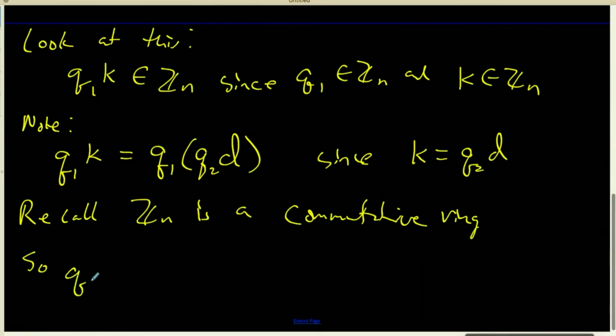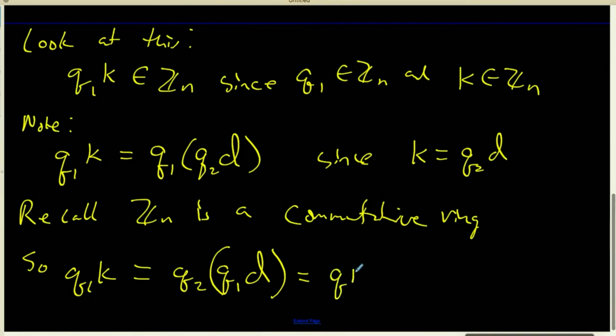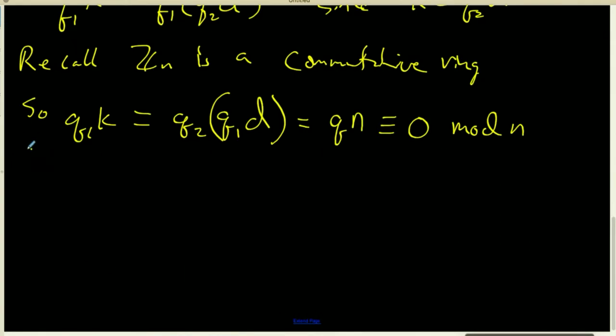This lets me say Q1 times k is equal to Q2 times Q1 times d, and I can put the parentheses in this particular place. But Q1 times d is equal to n, and that is congruent to 0 mod n. And so what this says is that Q1 times k is equal to 0 inside Zn.